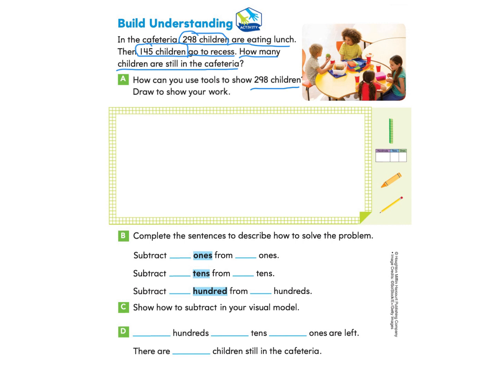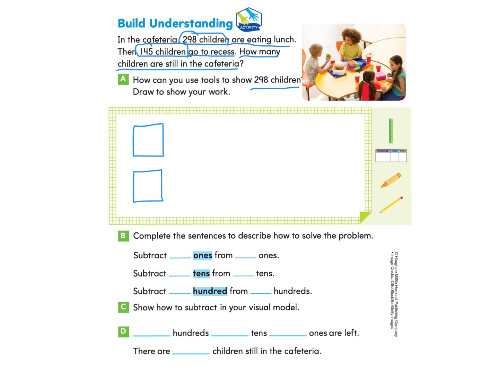Okay, so you may have some of these blocks here at home that you can use to show 298 children. I'm going to go ahead and draw out 298. First, I'm going to look at that 200 and draw 100, 200.